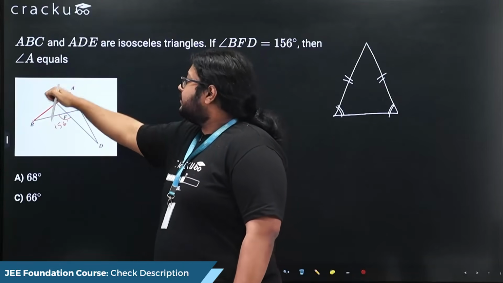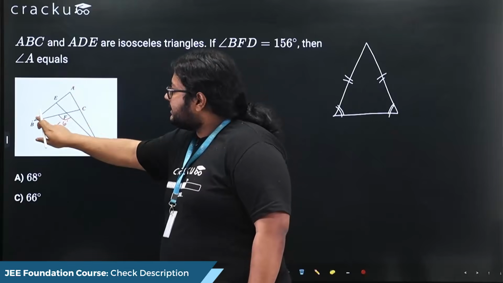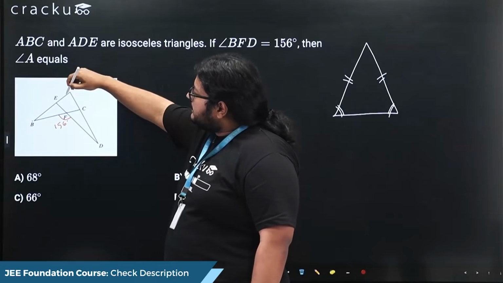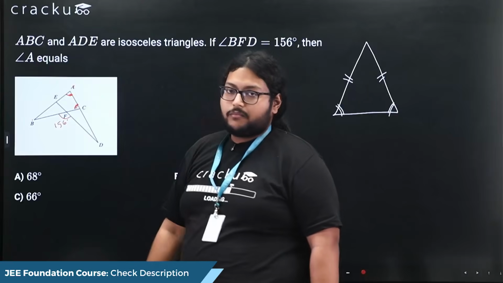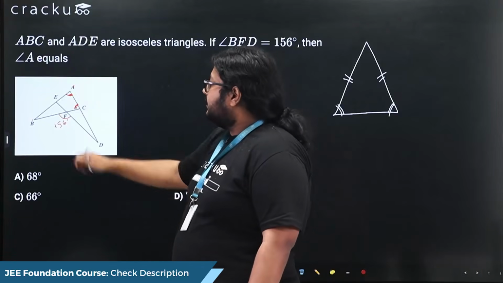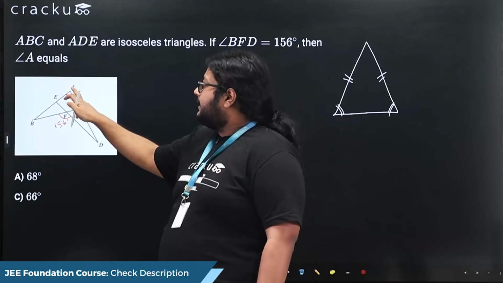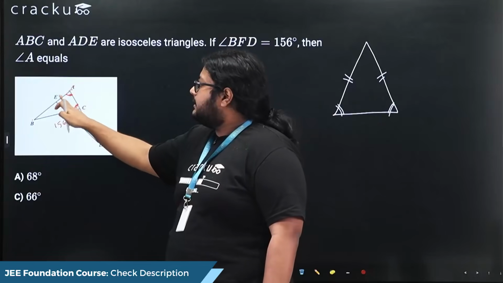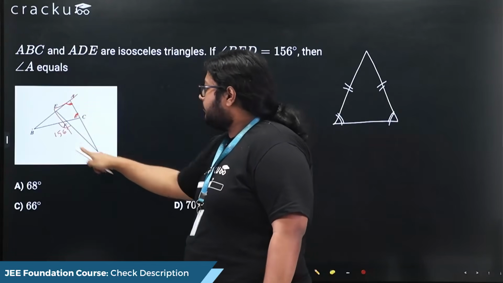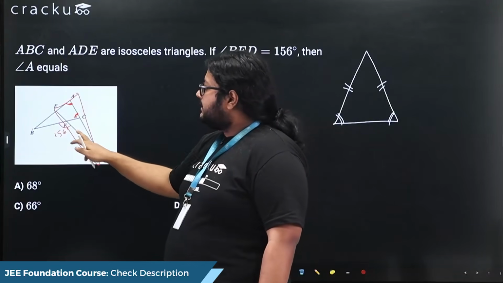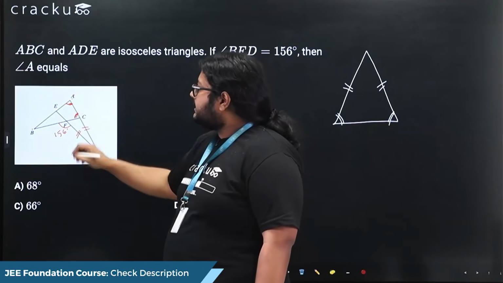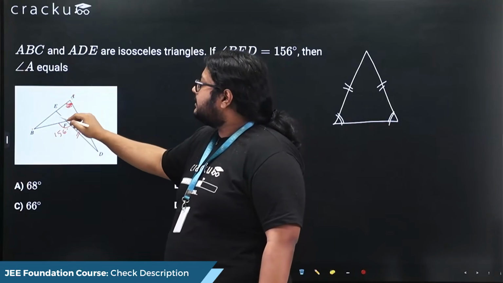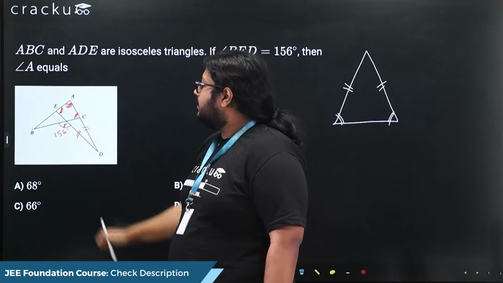So if this side is equal to this side, this angle is equal to this angle. Similarly, in triangle ADE, this side is probably equal to this side, so this angle is going to be equal to this angle.